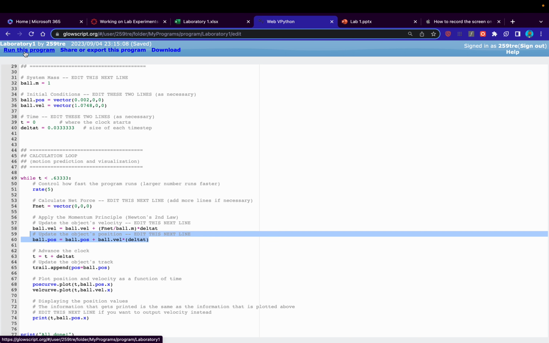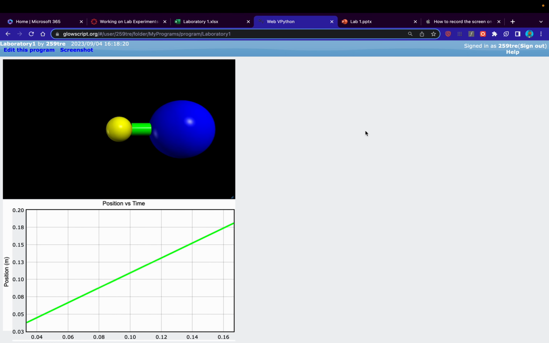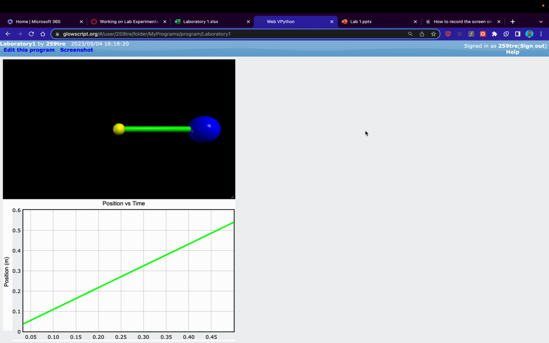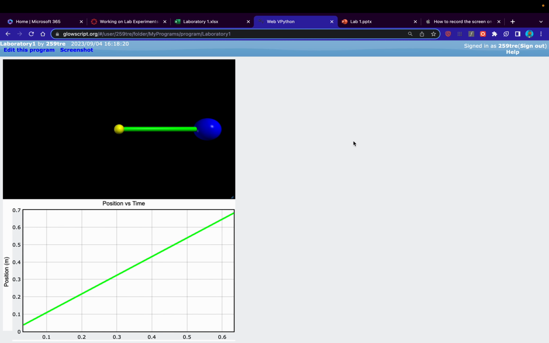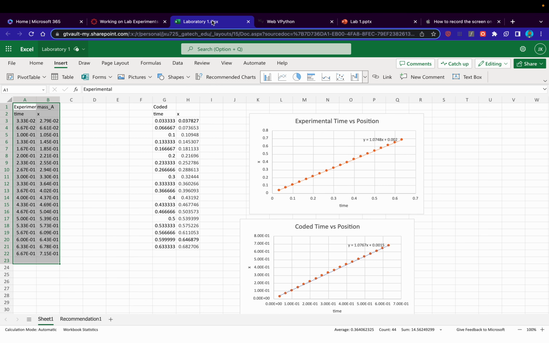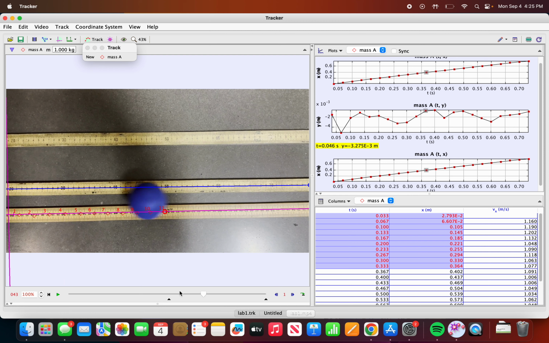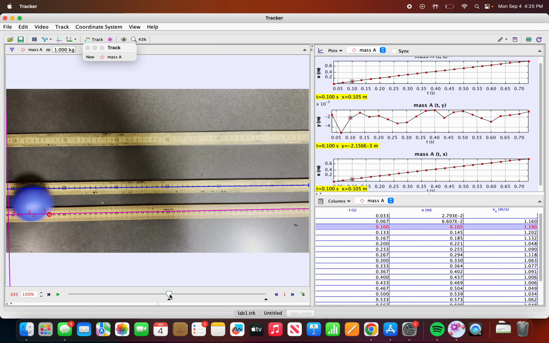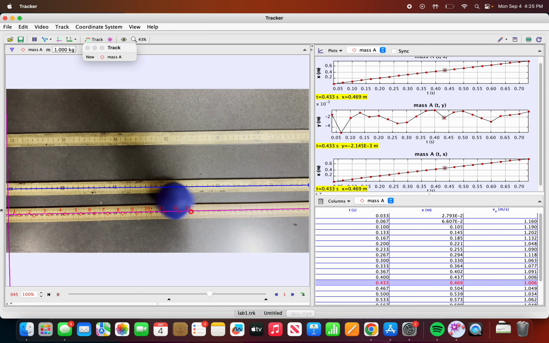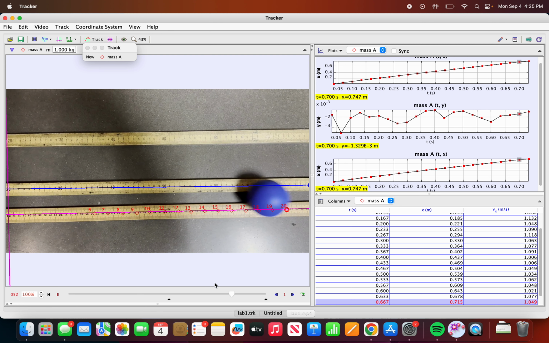So yeah, let's run the program, see what it looks like. So you can see that the ball's path is slightly less than horizontal, and it runs very smooth across the path. If you look over here at my Tracker video, start from the starting frame, the movement is very similar.